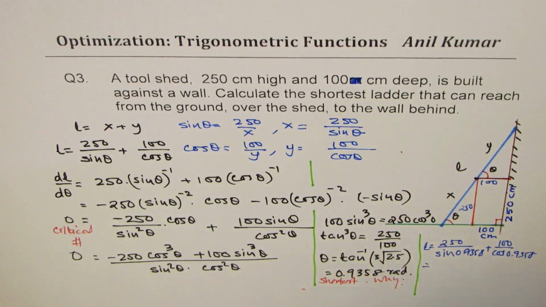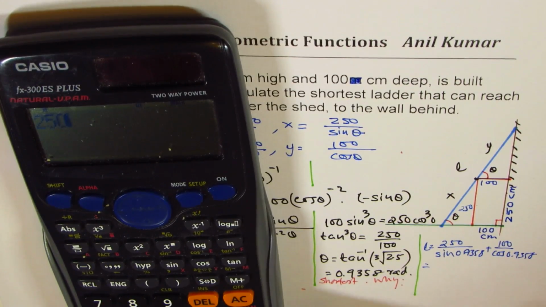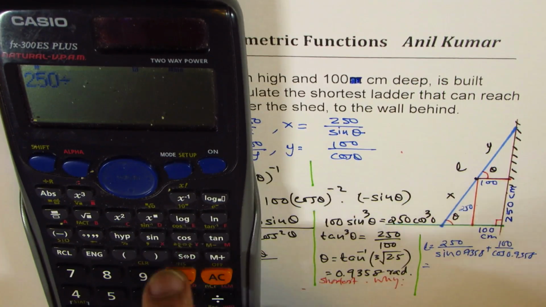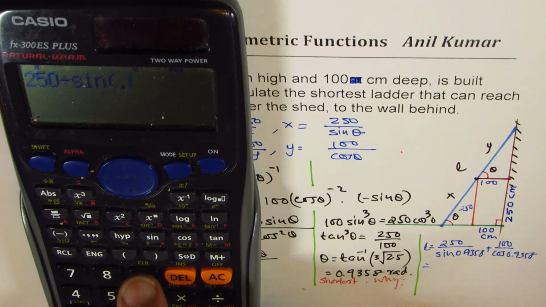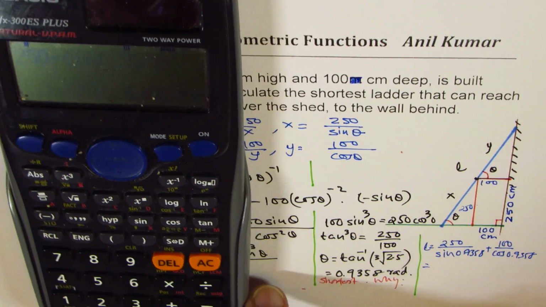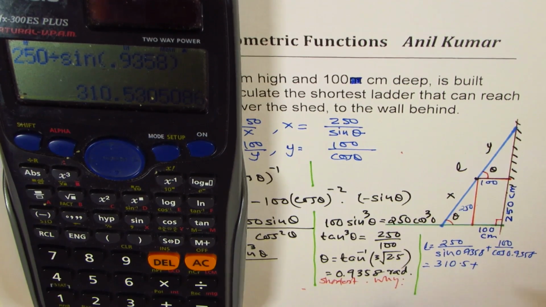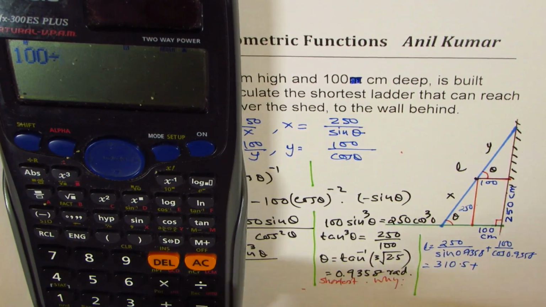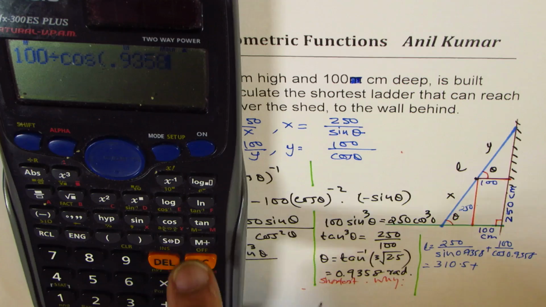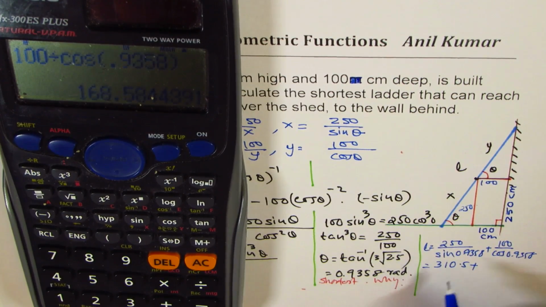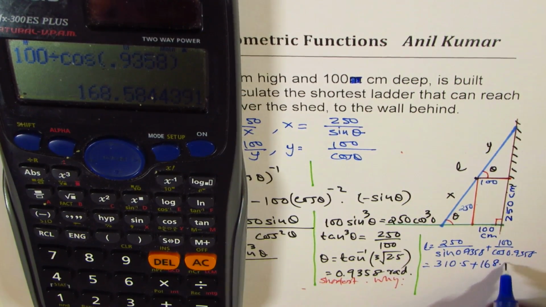So that is equal to 250 divided by sine 0.9358, which equals 310.5, plus 100 divided by cos of 0.9358, which is 168.58.